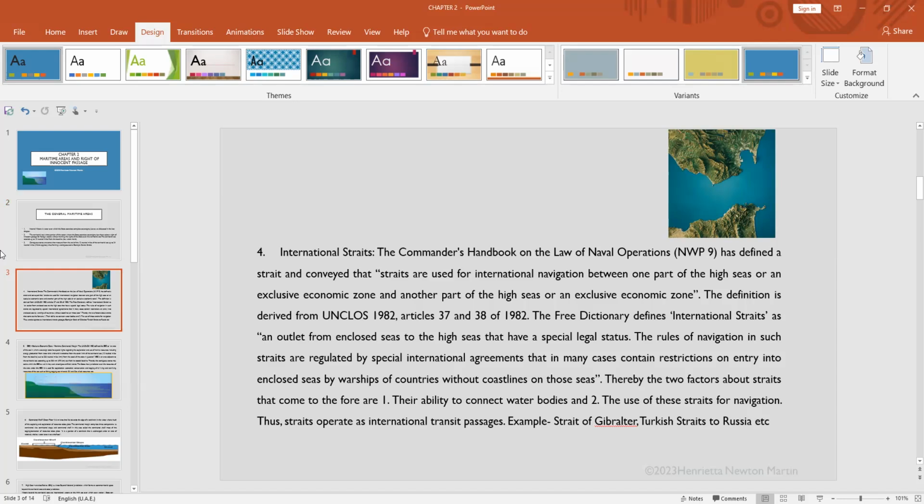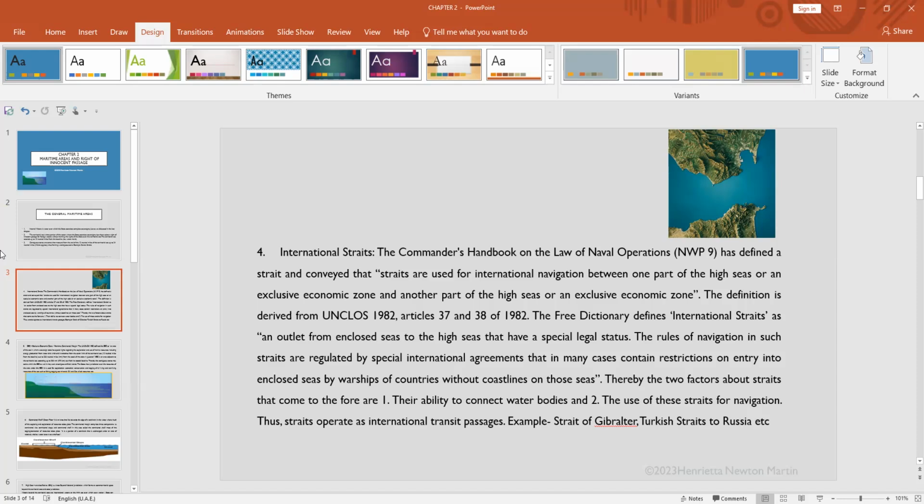The Free Dictionary defines international straits as an outlet from enclosed seas to the high seas that have a special legal status. Basically, the rules of navigation in such straits are regulated by special international agreements that in many cases contain restrictions on entry into enclosed seas by warships of countries without coastlines on those seas.